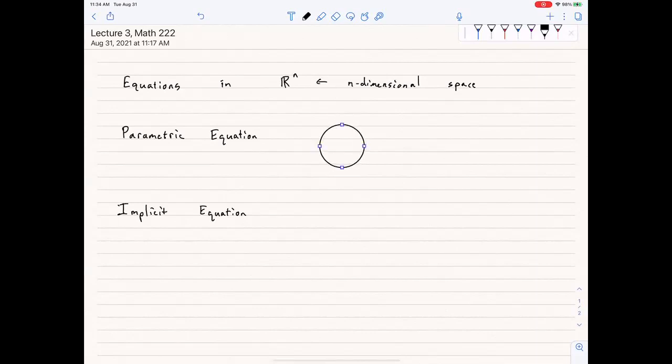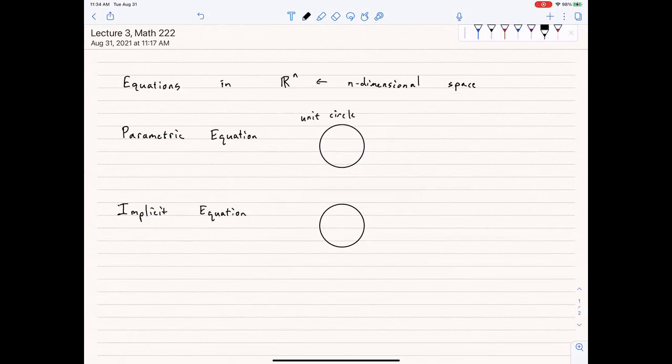So here's a circle. Let me draw the circle twice here. I've got a circle in the Cartesian plane. Now, what is the equation for a circle? Let's say it's a unit circle. You can go into different lower level classes and ask that question and you'll get different answers.